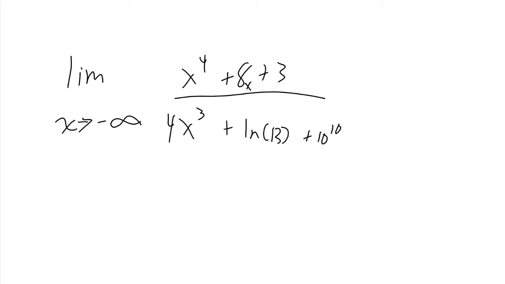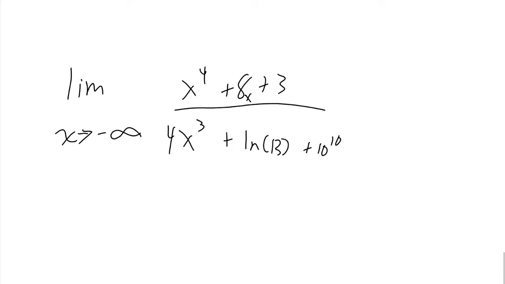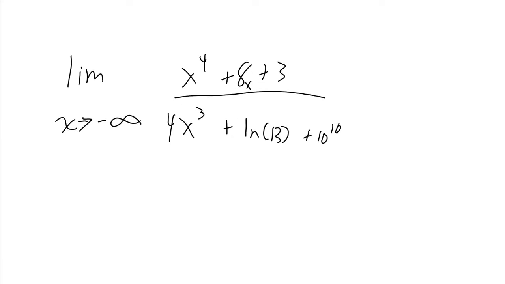We have x to the fourth plus 8x plus 3 over 4x cubed plus the natural log of 13 plus 10 to the 10th. Looking at this, if we were doing the formal method, it would be simpler than the previous AP practice example, but it would still take a long time. So let's use the end behavior model once again.